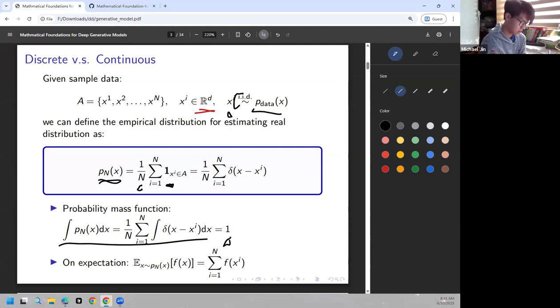We can also use the delta function to write the discrete empirical data distribution. And we can use this formula to get the expectation of any function f of x with respect to this empirical distribution: it is just the sum over the function values with input xi.